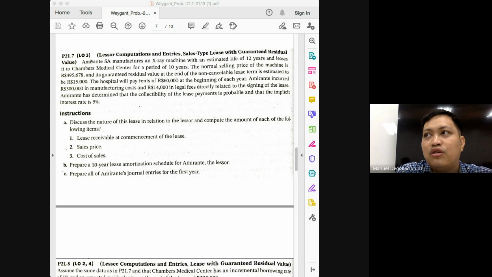As part of your adjusting entries, you will record accruals. So you will record your accrued interest income. But instead of recognizing an interest receivable, you will now debit this to your lease receivable. So what then is the effect? Because of the interest earned, your lease receivable will increase.